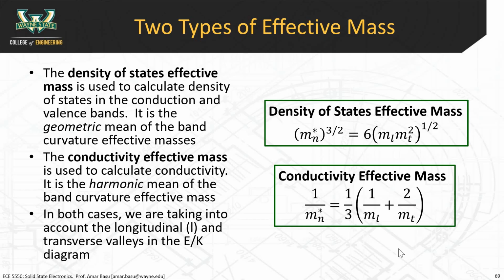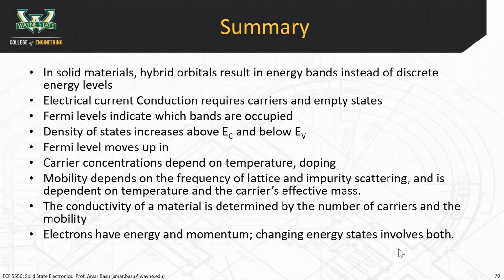A lot of material, so let's just sum up what we've covered in Module 3. In solid state materials, there are hybrid orbitals that result in energy bands instead of discrete energy levels. This has to do with the interaction of the electrons. Electrical current requires carriers and empty states.